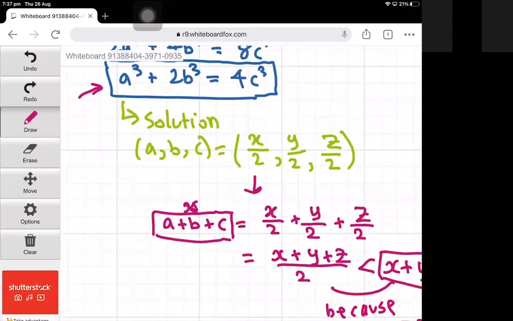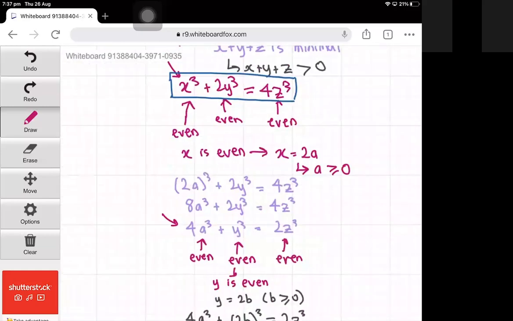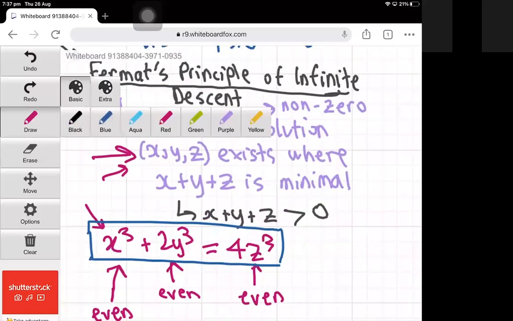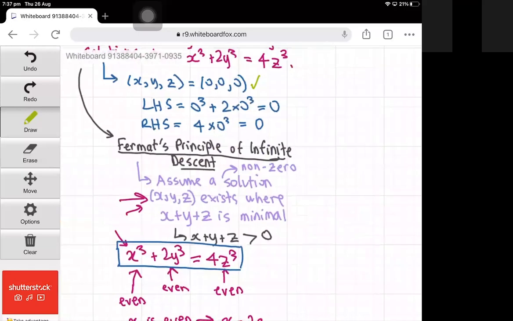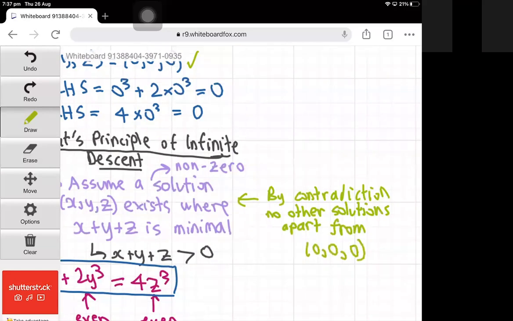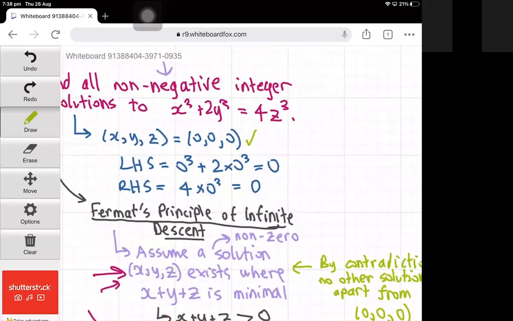Using infinite descent, we have a contradiction, because we can't have something smaller than the smallest solution. So by contradiction, there are no other solutions apart from 0, 0, 0. Using Fermat's principle of infinite descent, there are no other solutions apart from just 0, 0, 0.